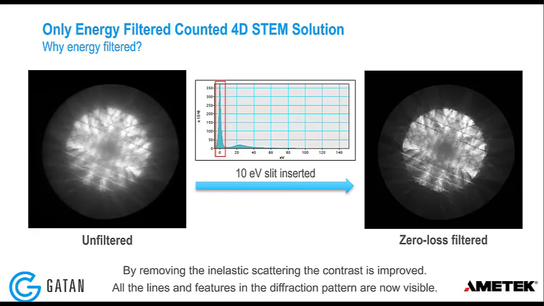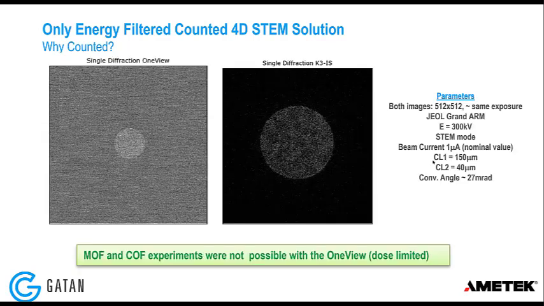So you get higher quality diffraction patterns and, as a result, better studies on your experiments. And then the other thing is being able to do 4D STEM in counting mode. So that was the difference between the OneView camera and the K3IS camera.